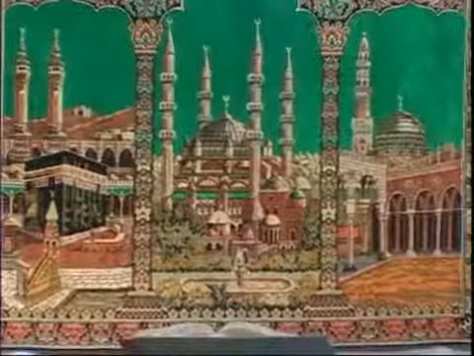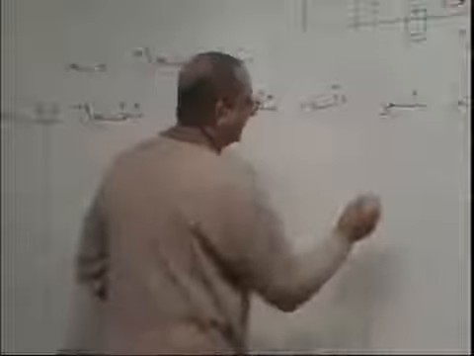Now, safa. What is the verb? Safa. Are you in the book with me, brother? We are following the book. Safa is to become pure and clean. Brothers and sisters, now change that safa into Form 8.